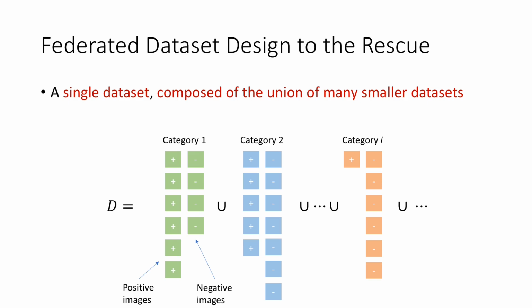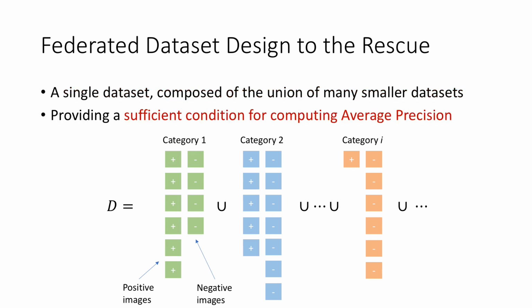Each category-specific dataset consists of positive images for that category and negative images for that category, indicated with the pluses and minuses. The same image may be shared between multiple per-category datasets. In fact, these per-category datasets heavily intersect each other in practice.